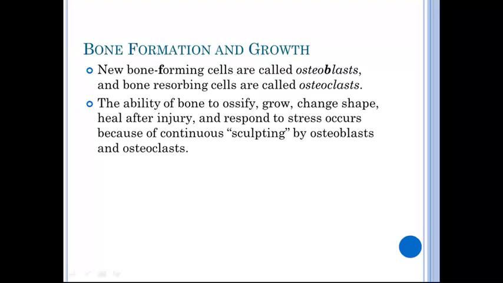Bone formation and growth. New bone forming cells are called osteoblasts. Bone reabsorbing cells are called osteoclasts. The ability of bone to ossify, grow, and change shape, heal after injury, and respond to stress occurs because of the continuous sculpting of blasts and clasts.